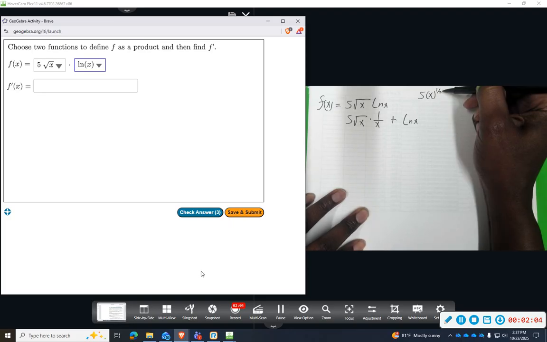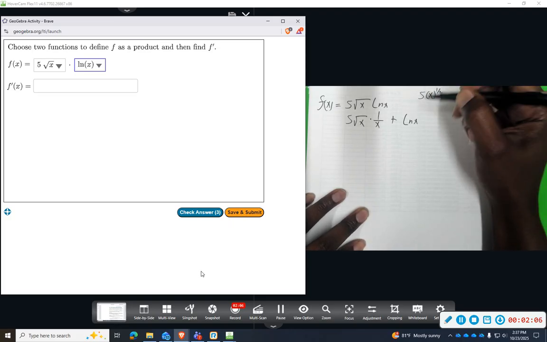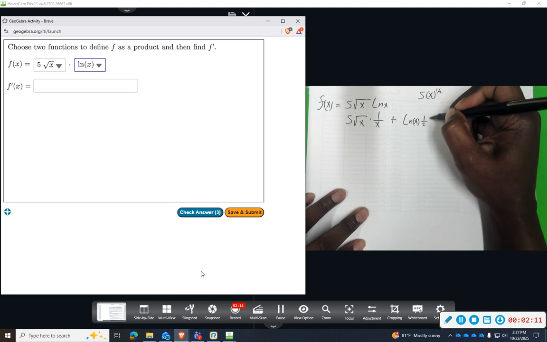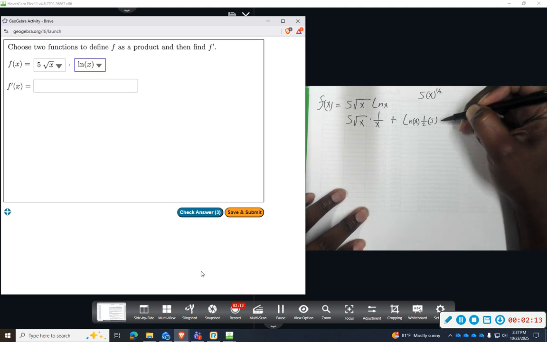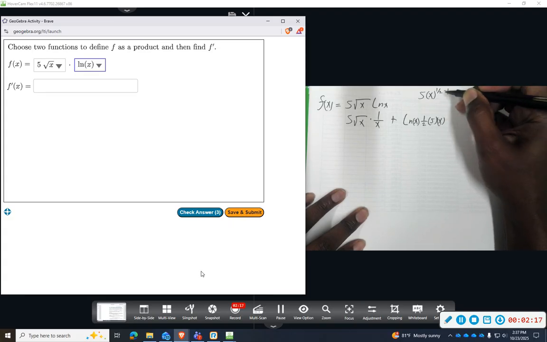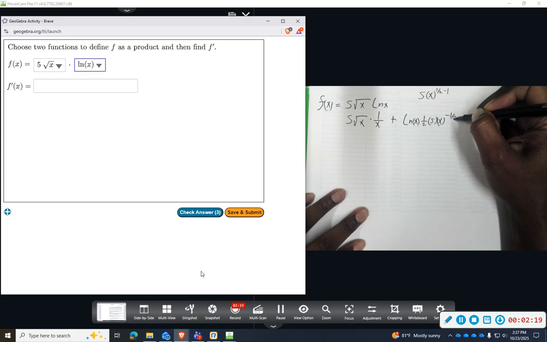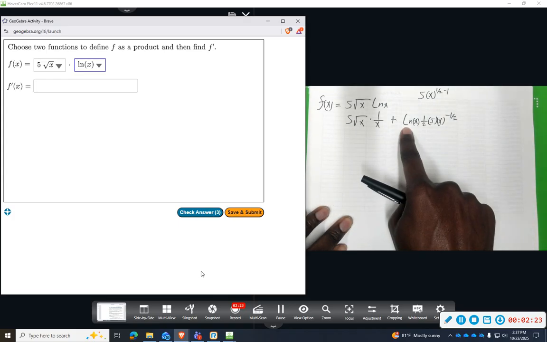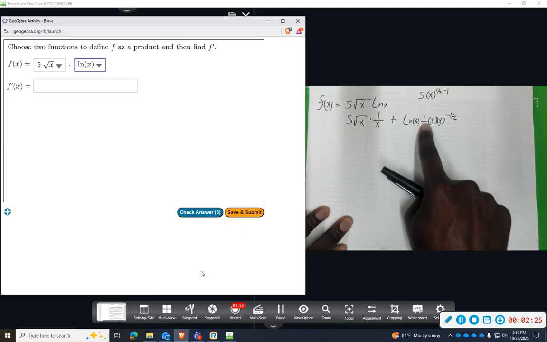We're going to use the power rule, which we're going to multiply by 1/2 out front, and we still got that times 5, 1/2 times, and then we'll have our x, and we'll subtract 1. 1/2 minus 1 will give me a negative 1/2. Okay. So this will be first times the derivative of the second plus second function times the derivative of the first.